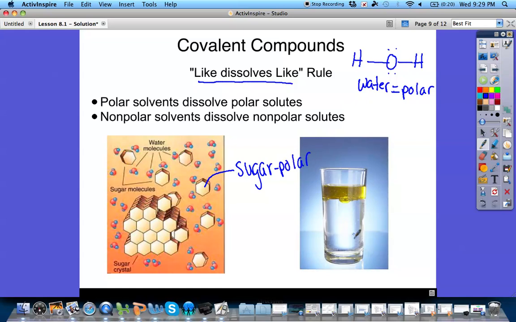Here we have a glass of water with oil, and they are separated into 2 different layers. So the oil is not dissolving in the water. Well, we know water is polar. Oil is nonpolar, and that's what's causing it to not dissolve in water.